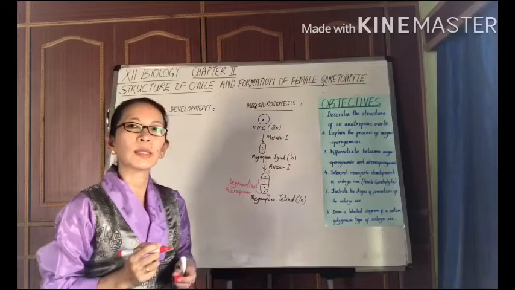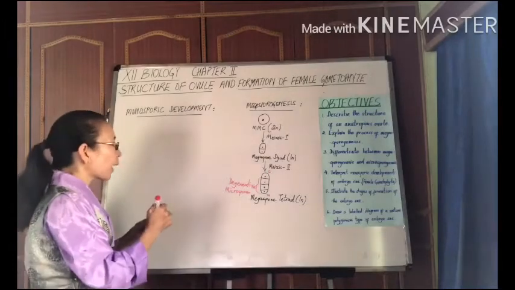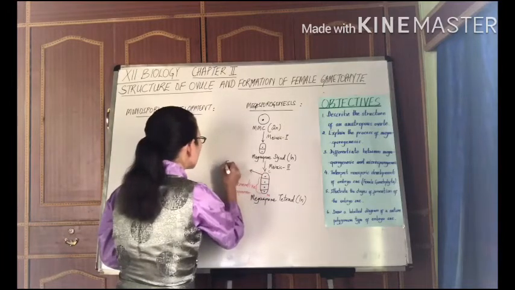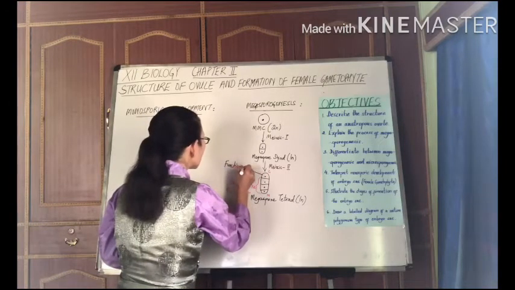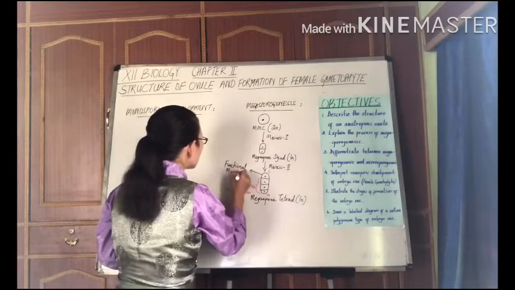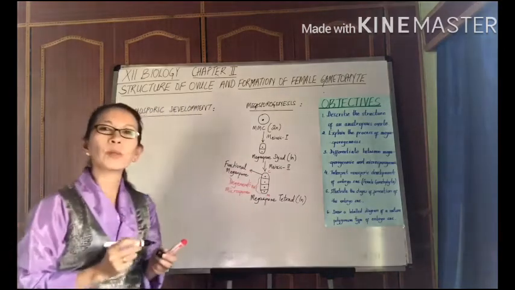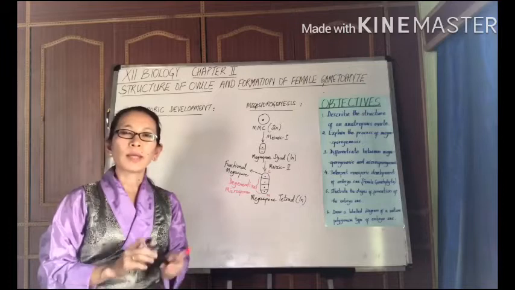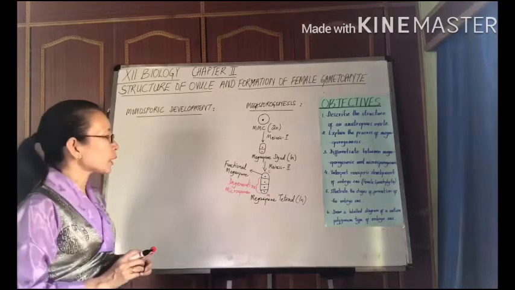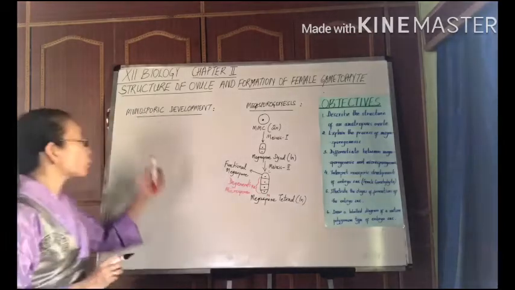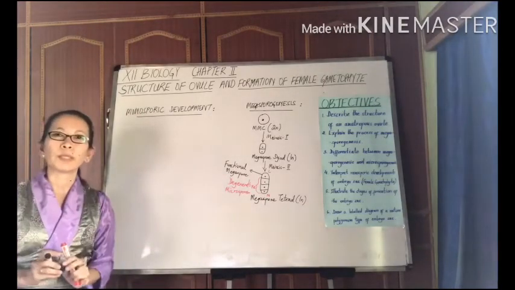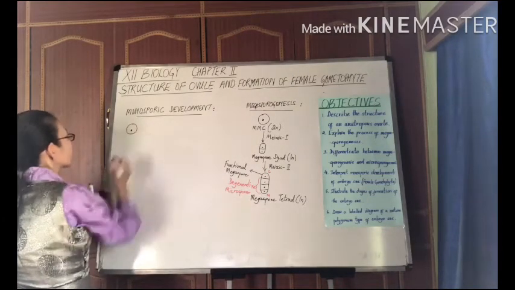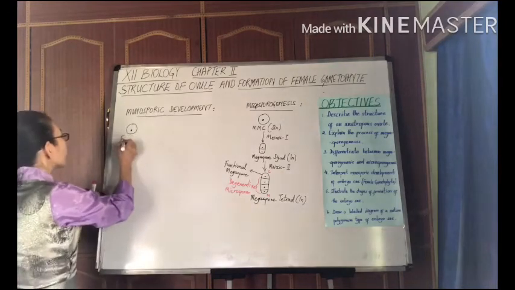They are going to eventually disintegrate, whereas the megaspore towards the chalazal end is the functional megaspore. So this functional megaspore is responsible for forming the female gametophyte. And such development, which occurs from a single megaspore, is referred to as monosporic development. So in monosporic development, only a single megaspore. So which is this megaspore? This is the megaspore.